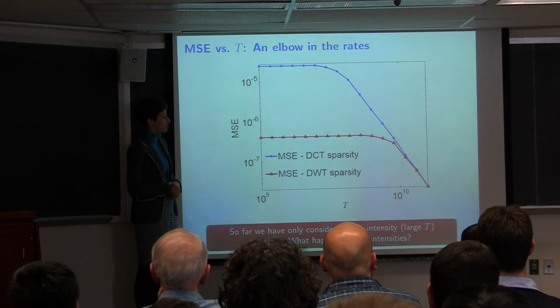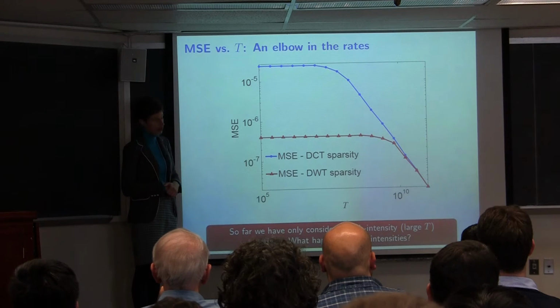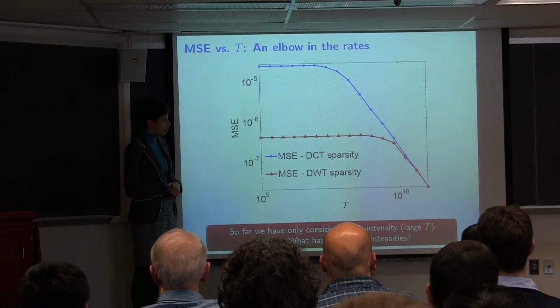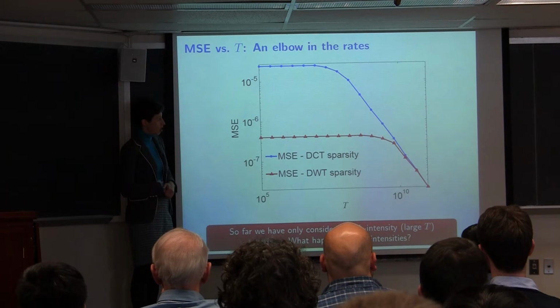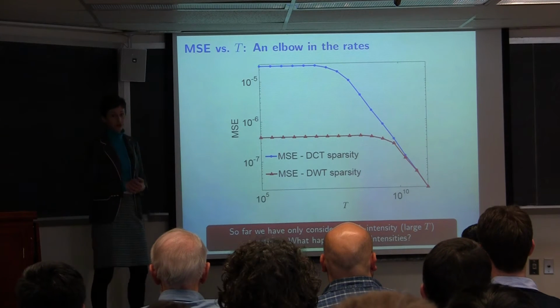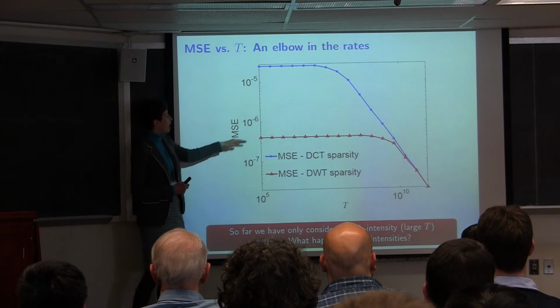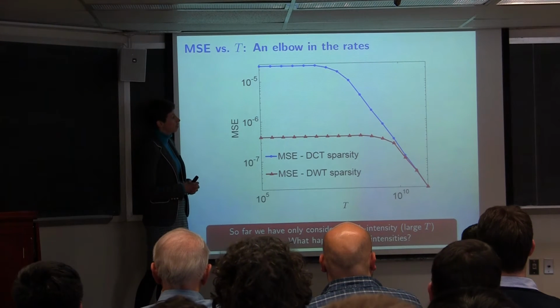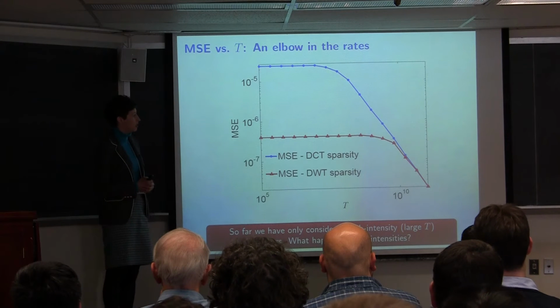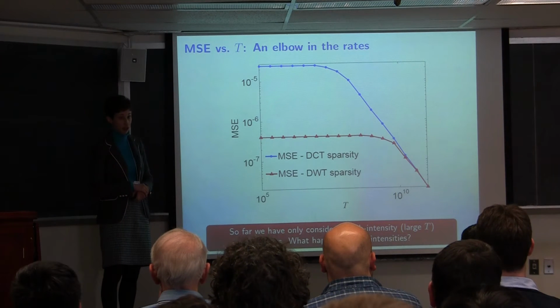These rates are different for different sparsifying bases, and the location of the elbow is different for different sparsifying bases. So what we're going to do now is think about what happens at low levels of light, or small values of T, and why all of these things seem to depend on our sparsifying basis.